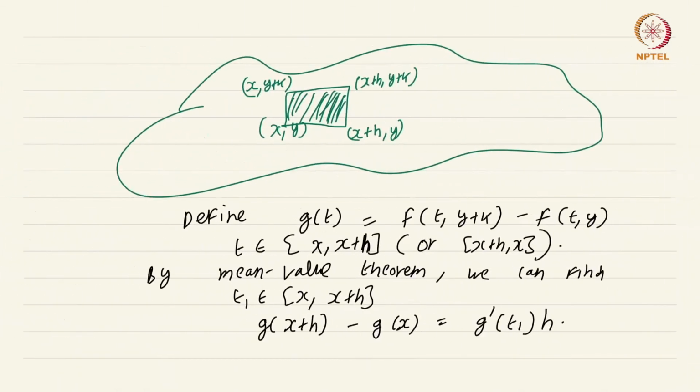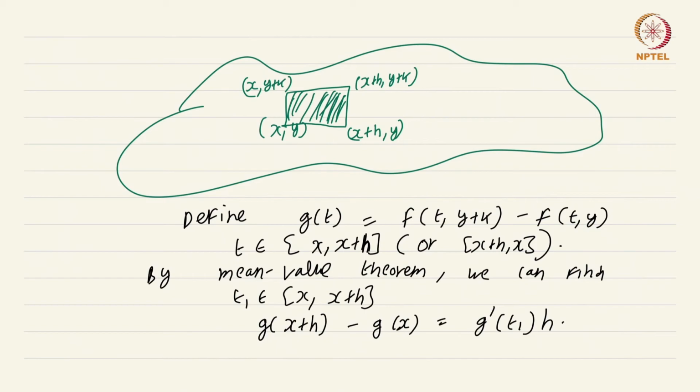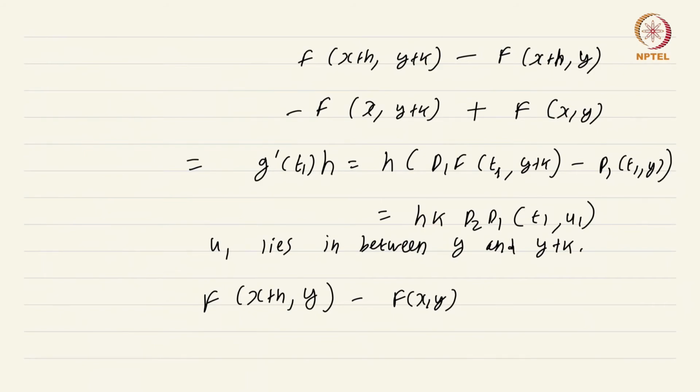In the first case, we considered the function g of t equal to f of t comma y plus k minus f of ty. So this time we are going to consider f of x plus h comma t minus f of xt.